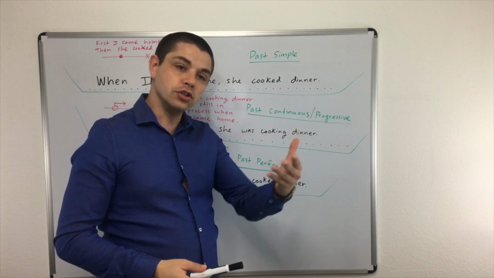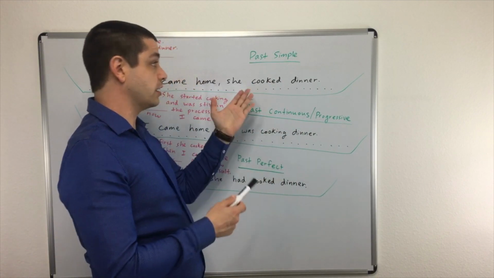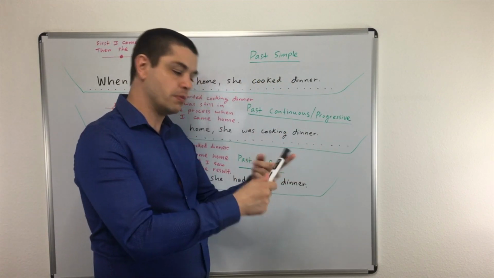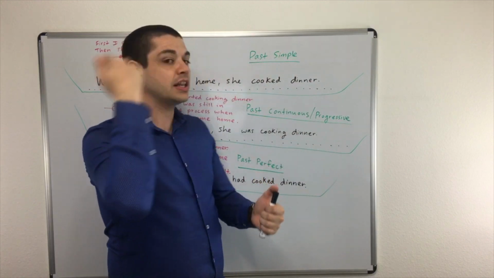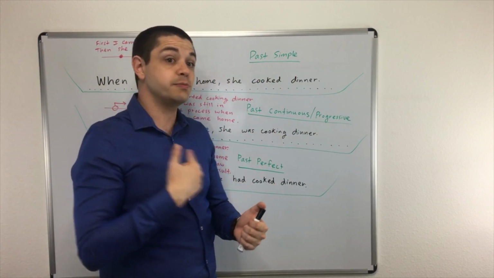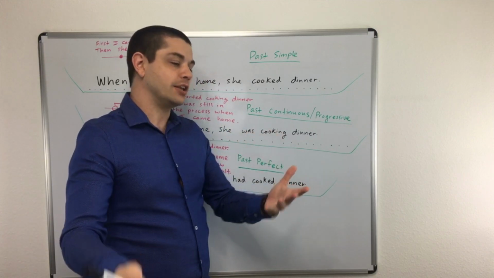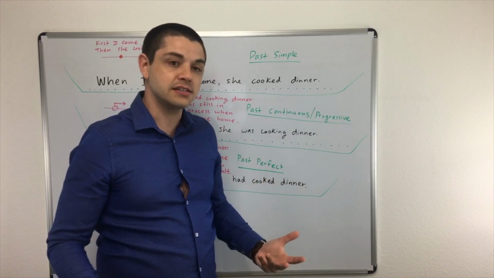So understood is past simple, came home is past simple, right? This was our consecutive actions from past simple. First I came home, then I understood, and then I want to talk about something that happened before those things, before I understood, before I came home. And that's when I can use past perfect. I had forgotten my keys.